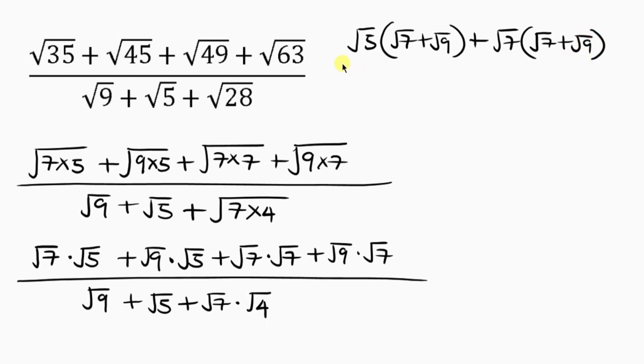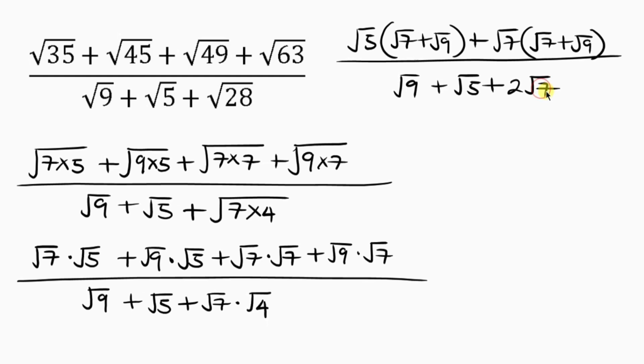That's it. So all over the denominator can be the square root of 9 plus the square root of 5 plus, now notice that the square root of 4 is 2. So 2 times the square root of 7, I have 2 root 7.